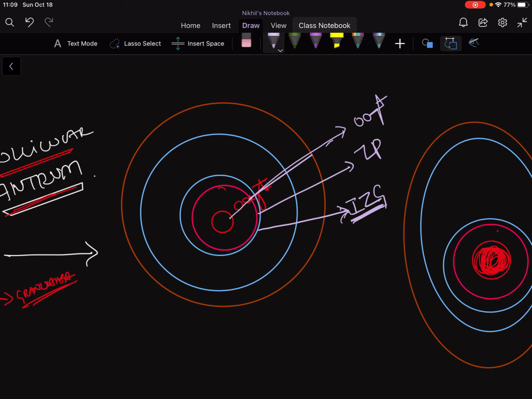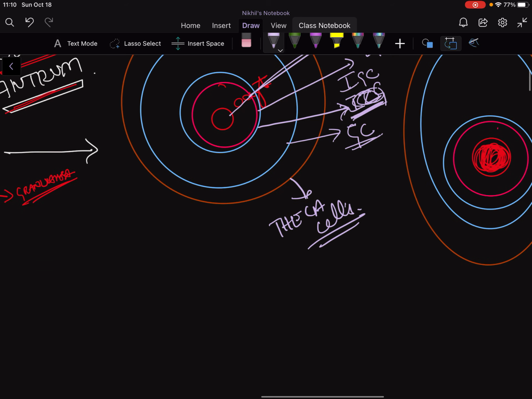This is the inner layer of granulosa cells, and this is the outer layer of granulosa cells, and these are called the theca cells. What is the importance of theca cells? We will see here.